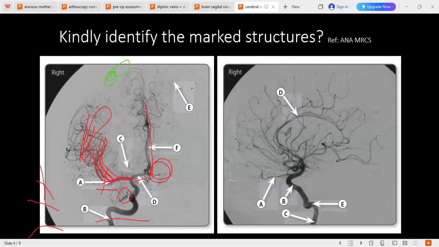Now on the right, you see here there's the lateral ICA angiogram. So all the segments. This is the petrous segment of the carotid. Then you take another turn.